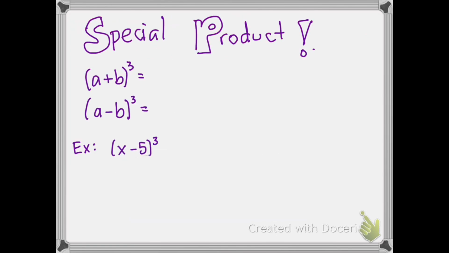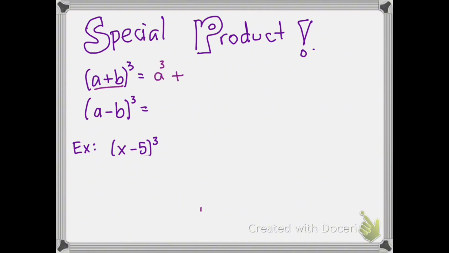A special product is a multiplication that follows some pattern, and then you can just use the formula or the pattern that you memorize instead of doing the whole multiplication. So whenever we have a sum to the third power, we're going to do the first one to the third power.